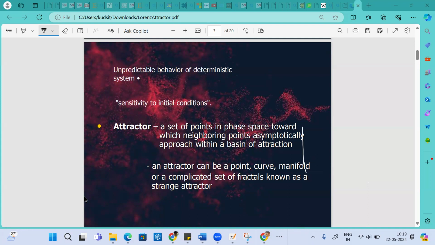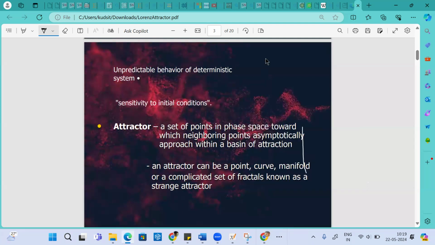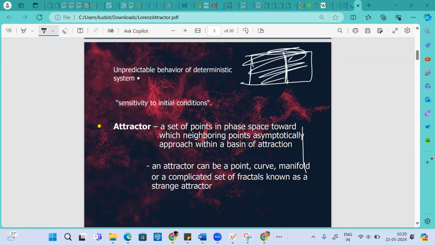It means a large geometrical shape goes on repeating itself within itself. You can take the example of the golden rectangle.